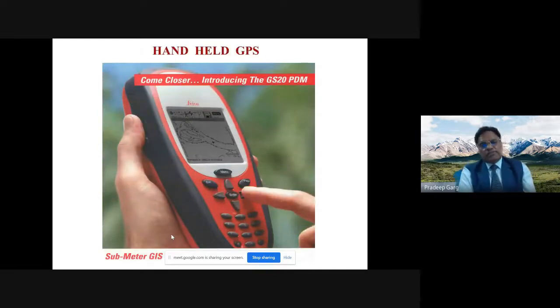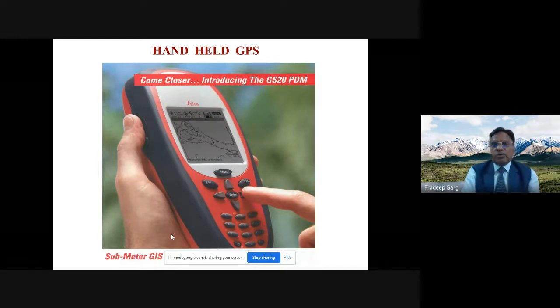So this handheld GPS is also very, very useful in many applications when my area is very large. When I am covering a large area, suppose a road is to be planned and length is 60 kilometers, then I don't require a very precise instrument which will give me millimeter accuracy or centimeter accuracy.